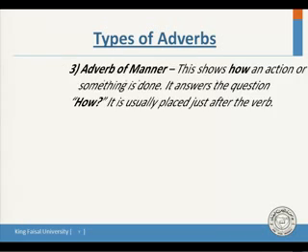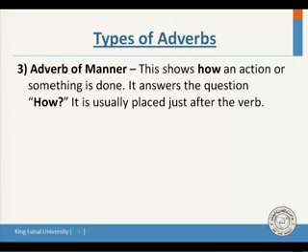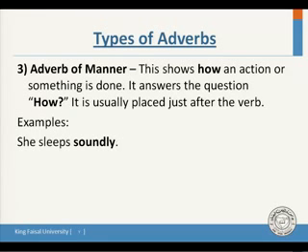Type 3, adverb of manner. What do we mean by manner? This kind of adverb shows how, not when or where, how an action or something is done. So it answers the question how, and it is usually placed just after the verb. Examples: she sleeps soundly.